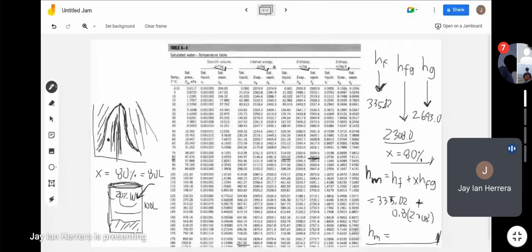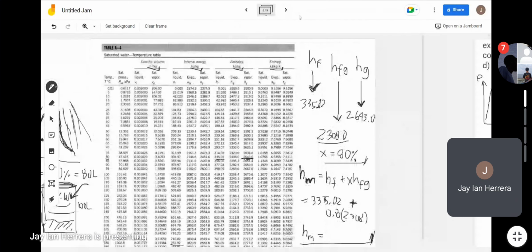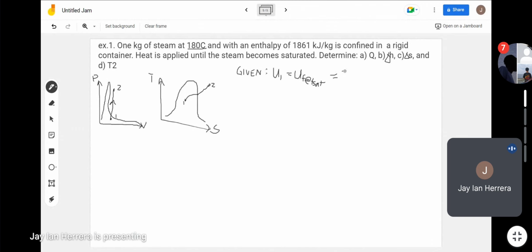So once again, this is our UF, 761.92 kilojoule per kilogram.